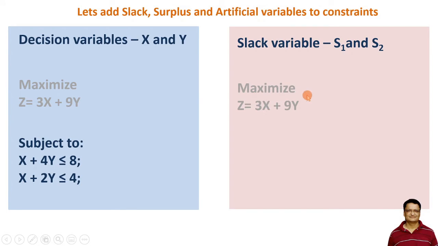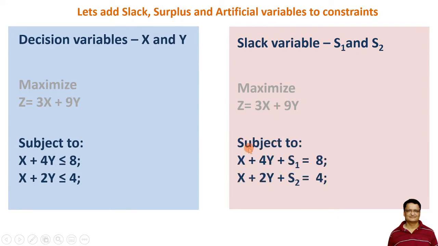Right now we are not going to update this objective function, so I am writing it in the same way, but I will be updating this constraint by adding the slack variable, that is S1 for the first constraint and S2 for the second constraint, and I will replace this less than or equal to type of sign with the equality sign.